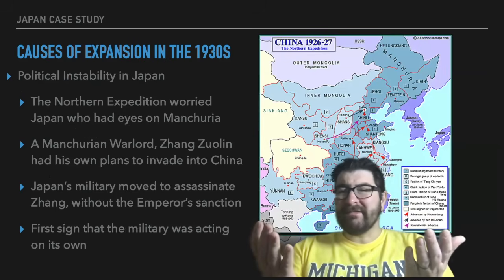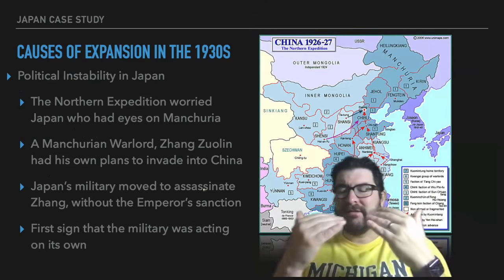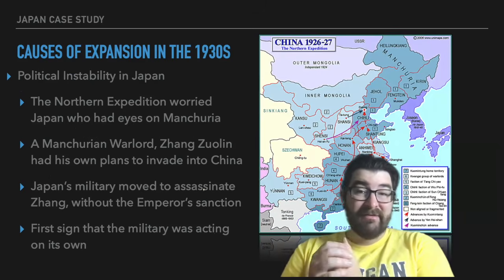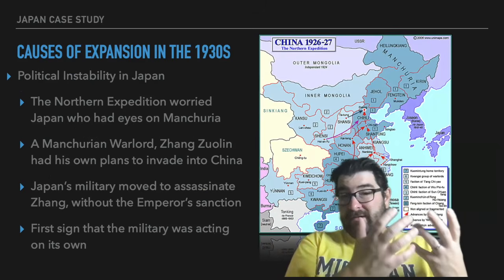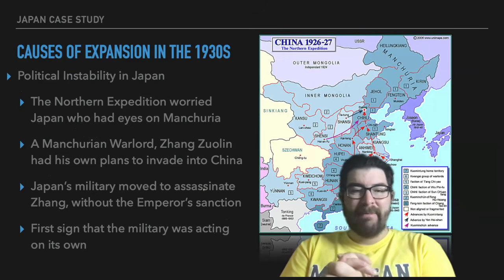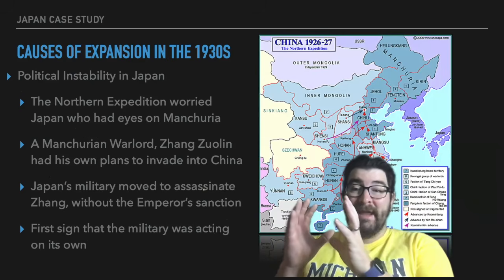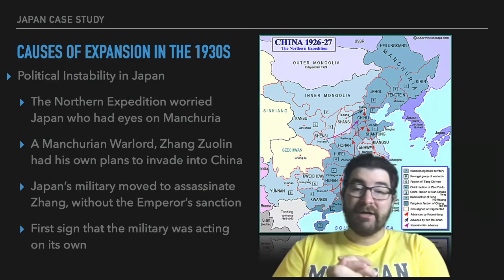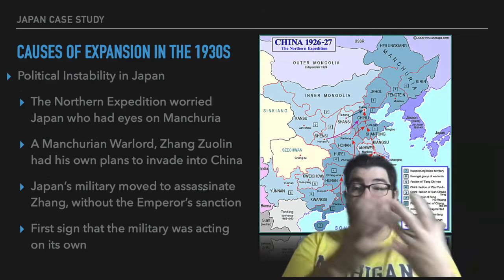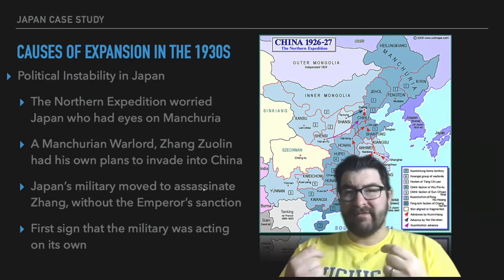There's also political instability in Japan. There are growing disagreements between the political leadership, the emperor and prime ministers, and the military, over who's ultimately pulling the strings with regard to Japanese foreign policy. And this comes to a head when a Manchurian warlord named Zhang Zhou has his own desires to push into China to try to unify more territory under his control.